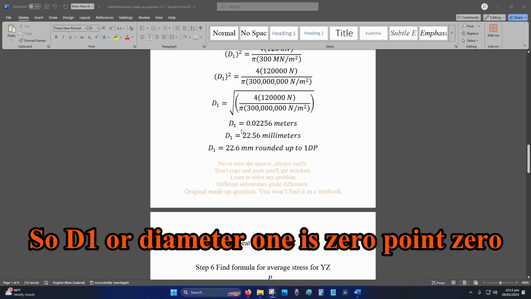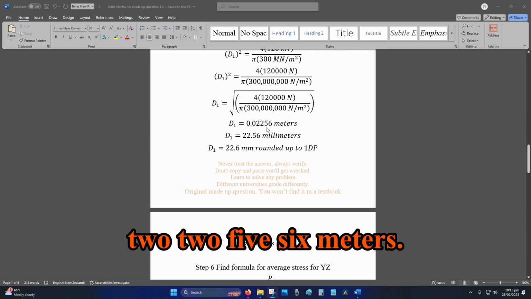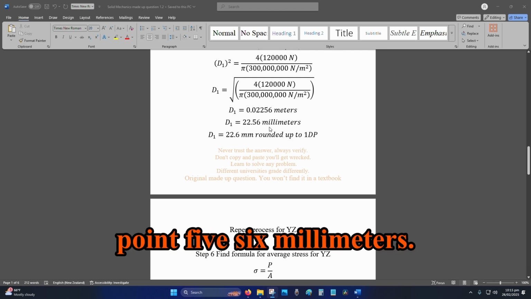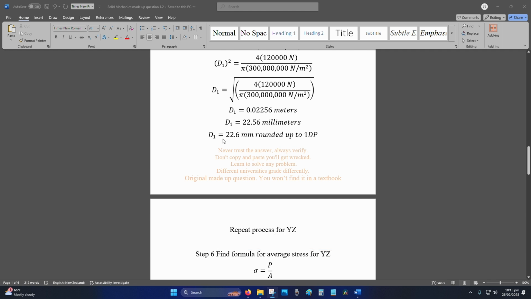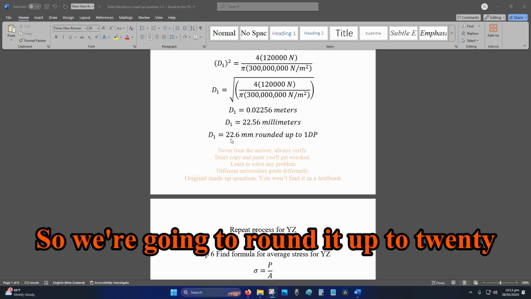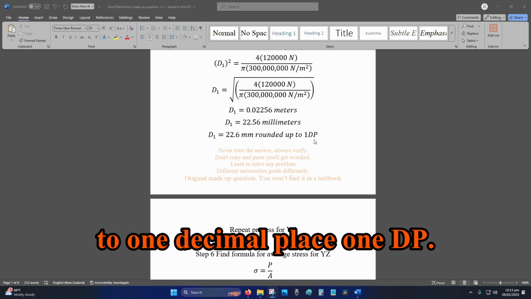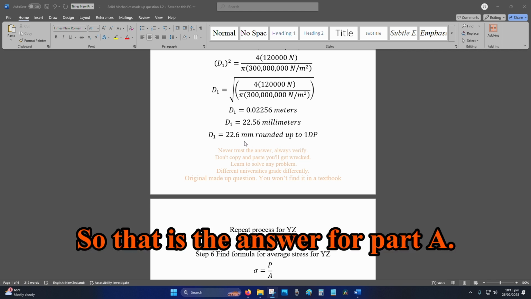So d1 or diameter 1 is 0.02256 meters, which is 22.56 millimeters. So we're going to round it up to 22.6 millimeters to 1 decimal place, 1 dp. So that is the answer for part A.